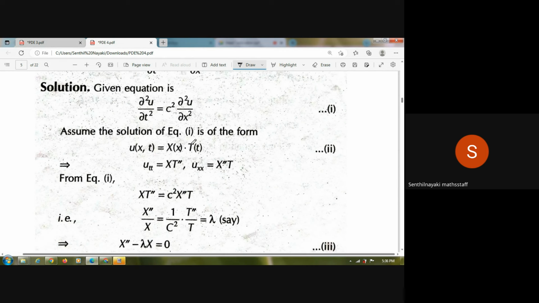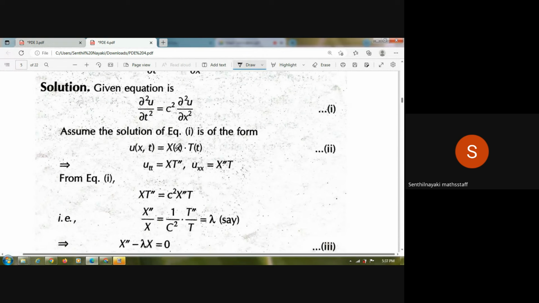Similarly, T is another function depending only on t. So the combined independent variables x and t can be separated into two different functions. Therefore, the general solution u can be assumed to be X(x) and T(t).